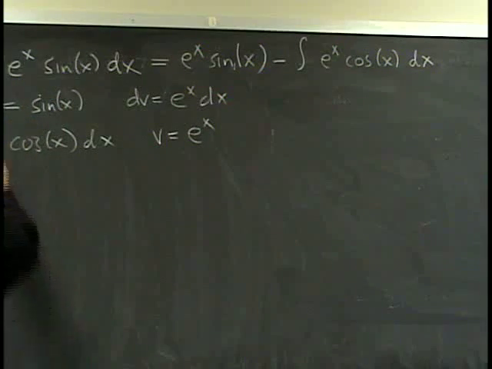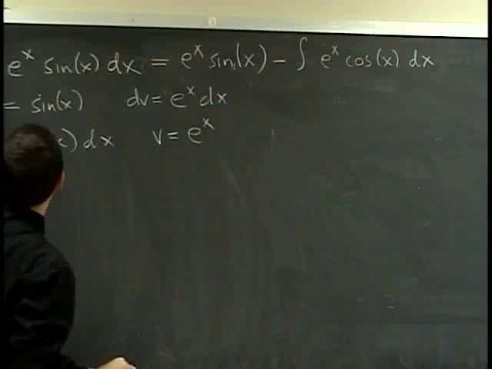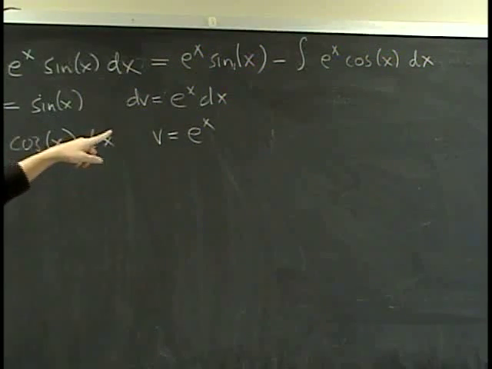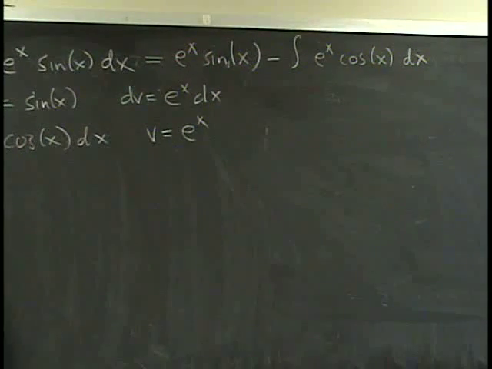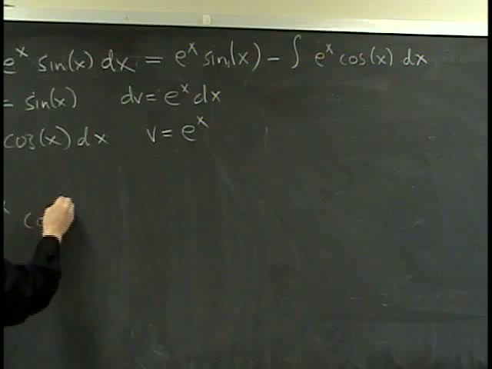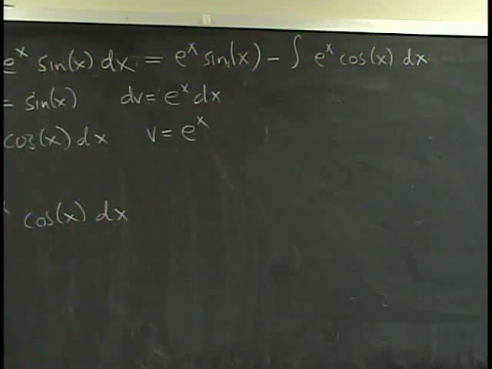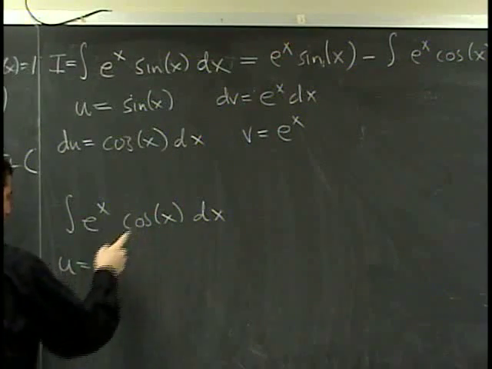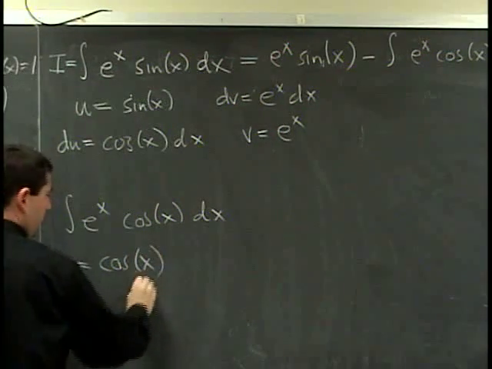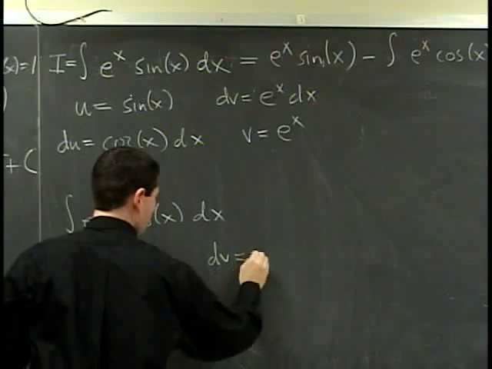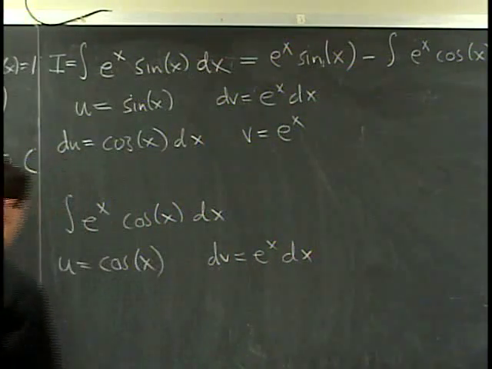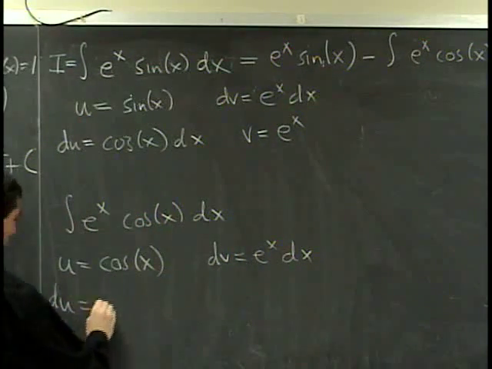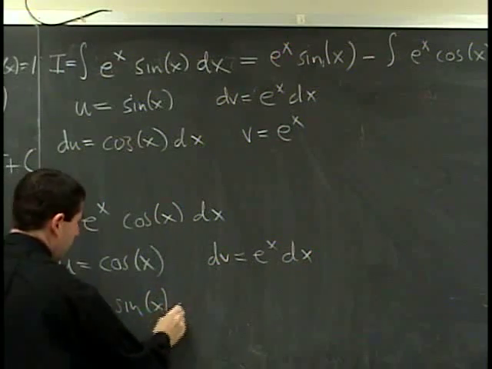So why don't we give this a name and take a peek and see what happens if we evaluate the integral of e to the x cosine of x. So we use the same idea. Cosine is u because it's the trig function, and du is now minus sine of x dx.